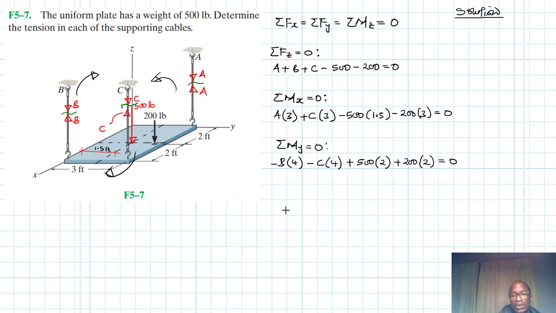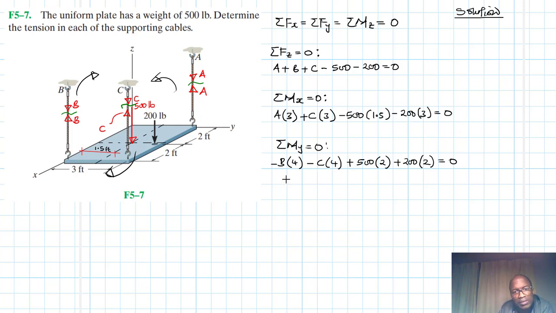Great. So what we are going to do is make C the subject of the formula, and then plug it here, and plug it there, and solve these equations. So let's do that.